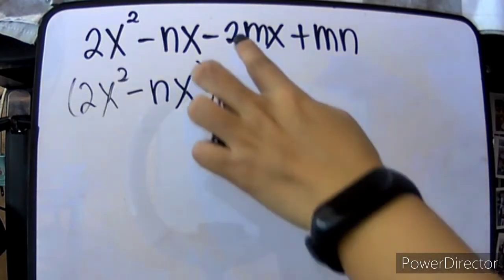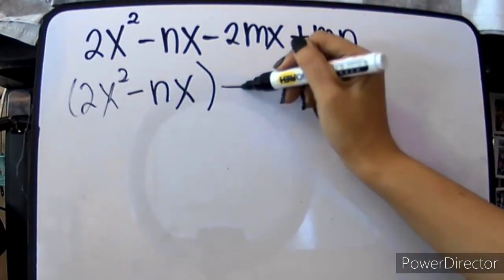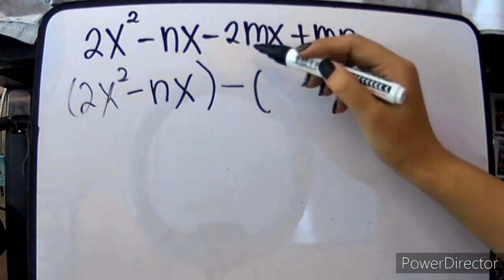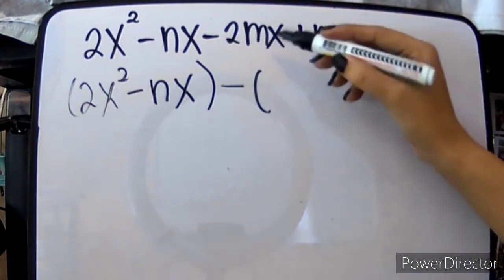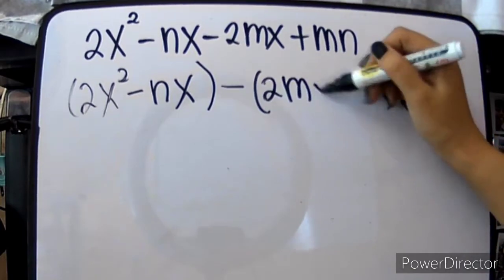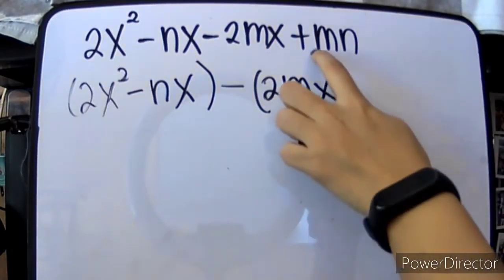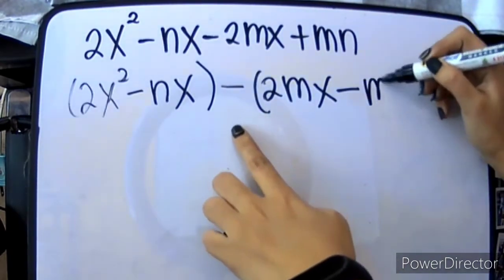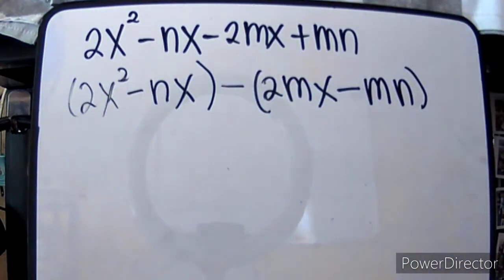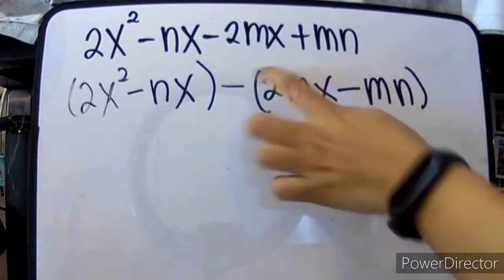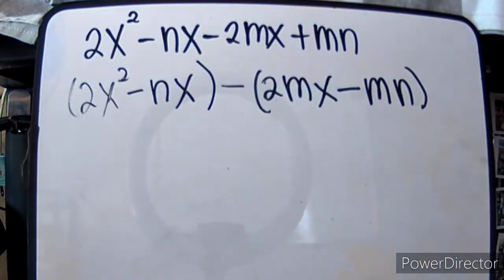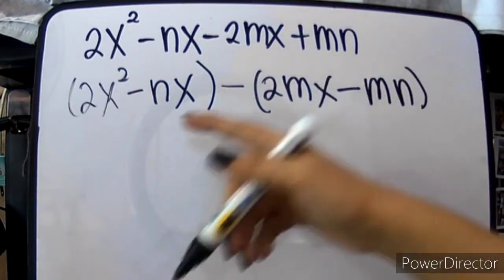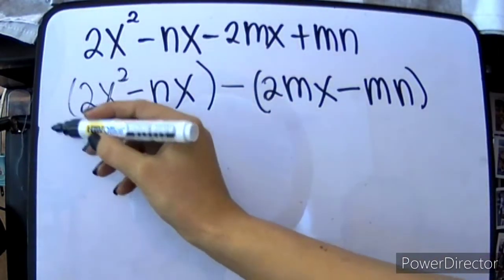Okay, ngayon, dahil negative 'to, so negative divide negative is positive, kaya maging positive na si 2mx. And then positive divide negative will give us negative mn. So nangyayari po yun, nag-change po yung sign ng nasa dulo kapag po ito ay negative. And then we will do again yung GCF. So let's see ano bang GCF dito.